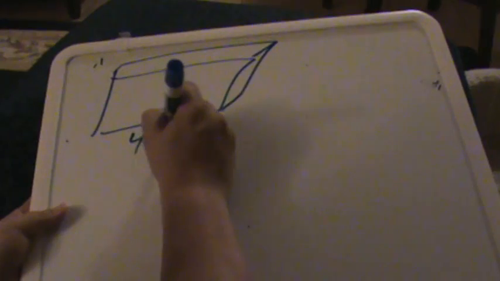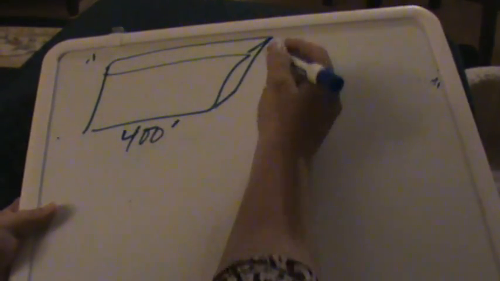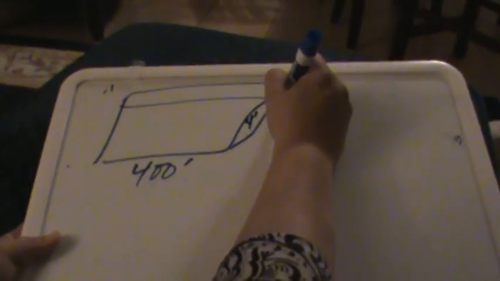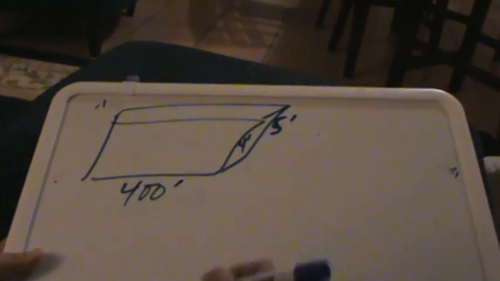The next question is, a trench is 400 feet long, 4 feet wide, 5 feet deep. How many cubic yards of soil are excavated? So let's draw our trench. It's 400 feet long, 4 feet wide, 5 feet deep.